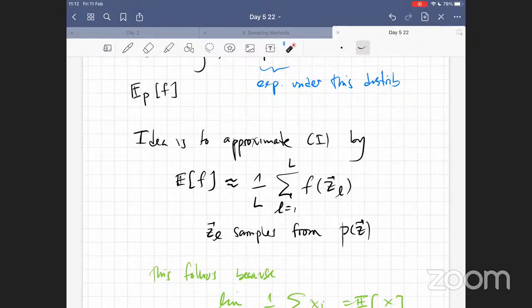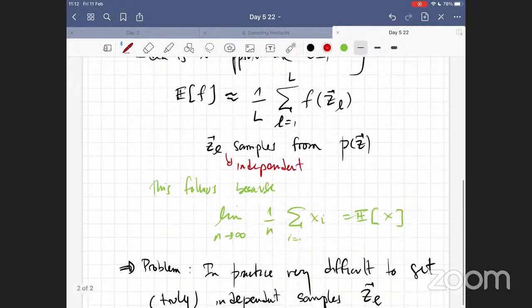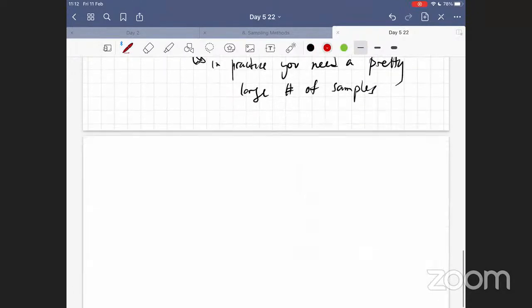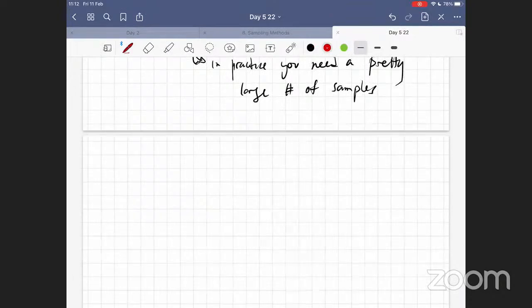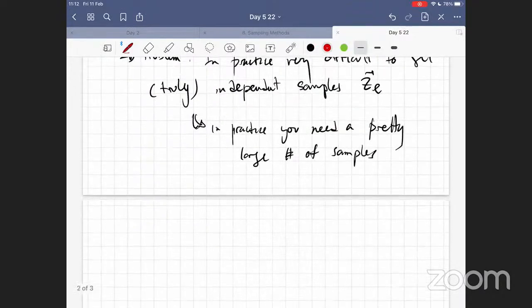Okay. So this is important here: this is about independent samples. And all the algorithms that try to do sampling in one way or the other try to solve this problem somehow.